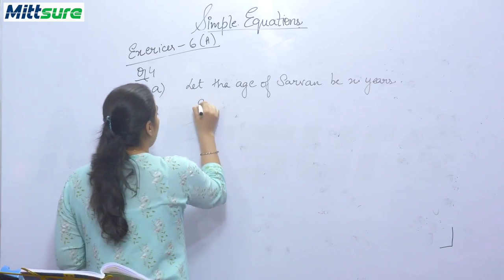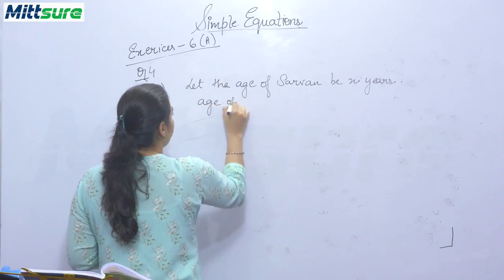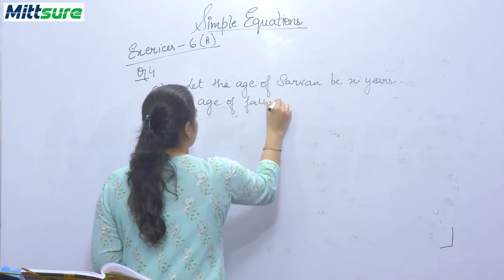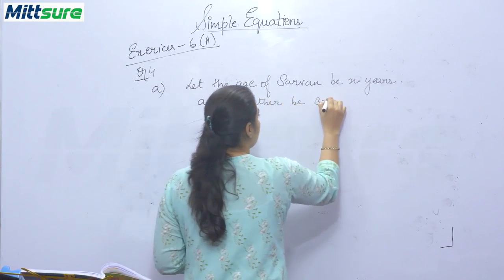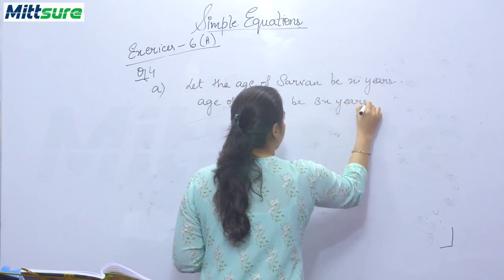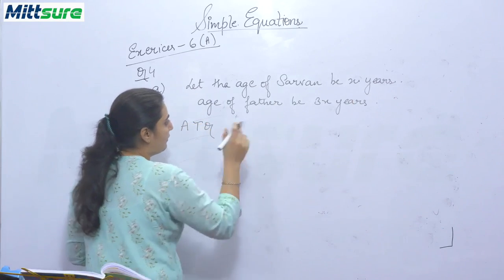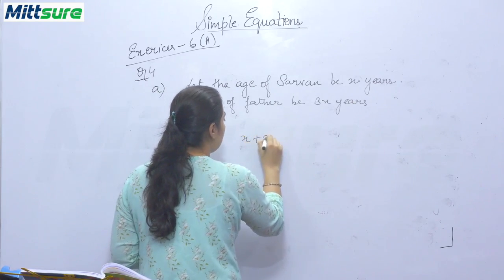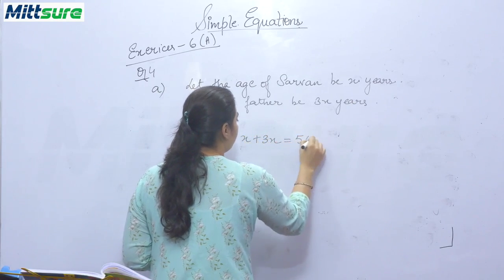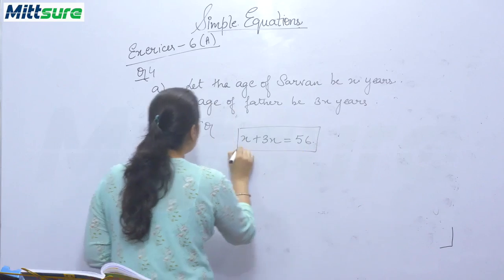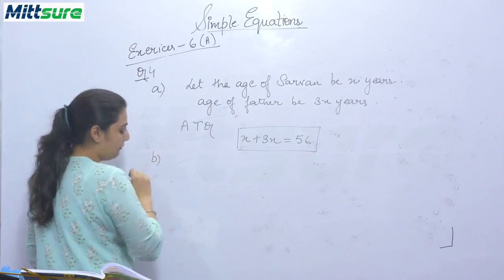So the age of the father will be 3x years. Now according to the question, we will write x plus 3x equals 56. So this will be the equation that will be formed.